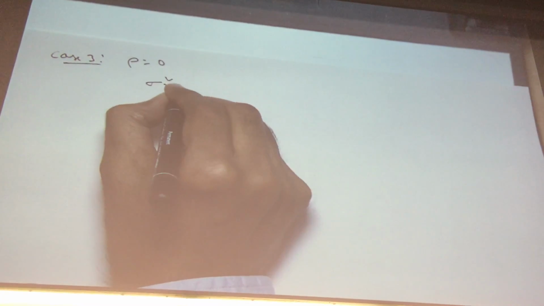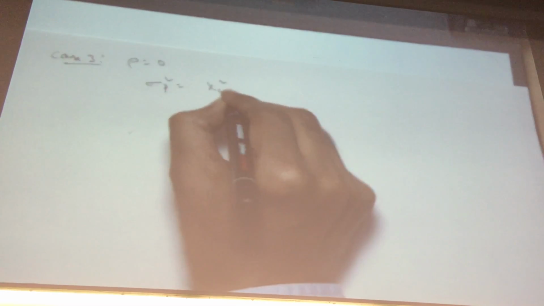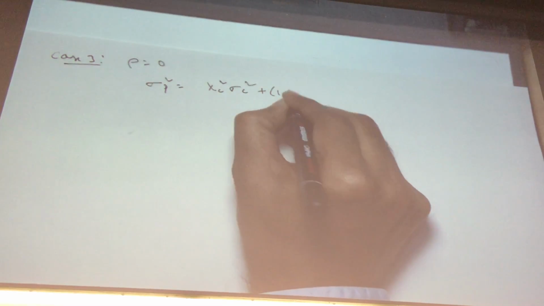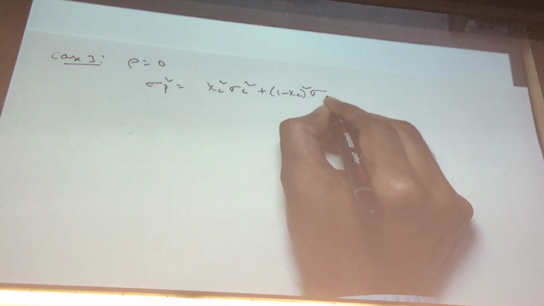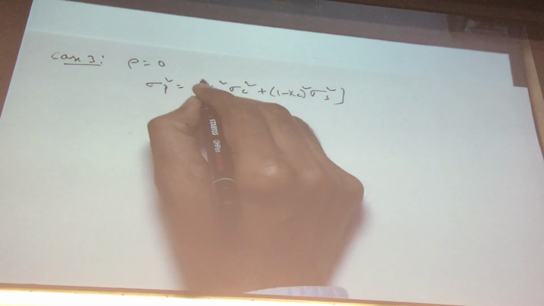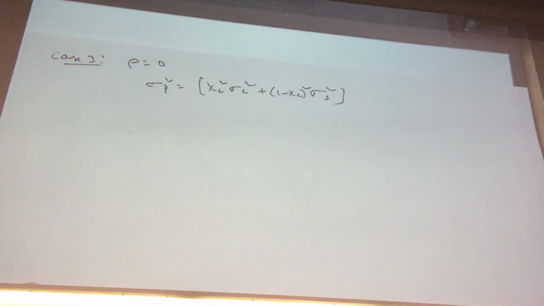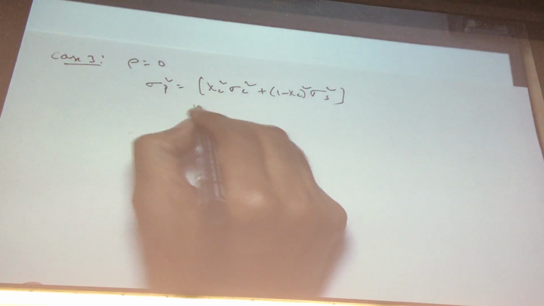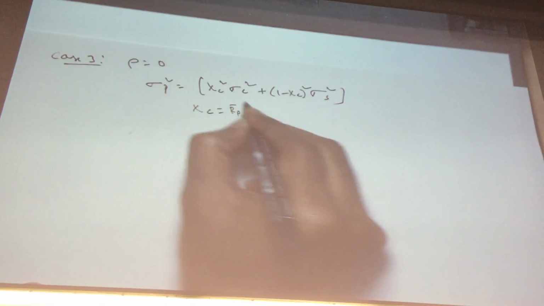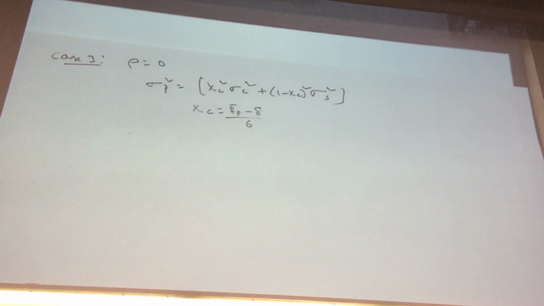The next one, case 3, rho equals 0. Rho equals 0 is very simple, because you end up with only xc square sigma c square plus (1 minus xc) whole square sigma s square, because the rest of the terms are equal to 0. And we already know that for the given example, we live with this kind of portfolio.